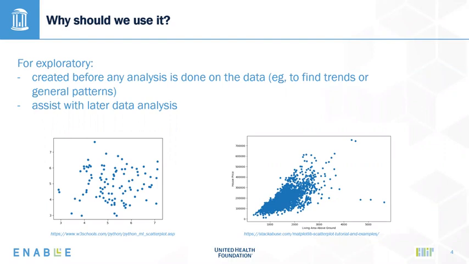Data visualization is also helpful with later data analysis. For example, you'd like to see if two variables, like GPA and the horoscope of students, are correlated. The first thing you can do is draw a scatter plot for these two variables. If you find that the dots are all over the place, you may expect that these two variables are totally independent of each other.